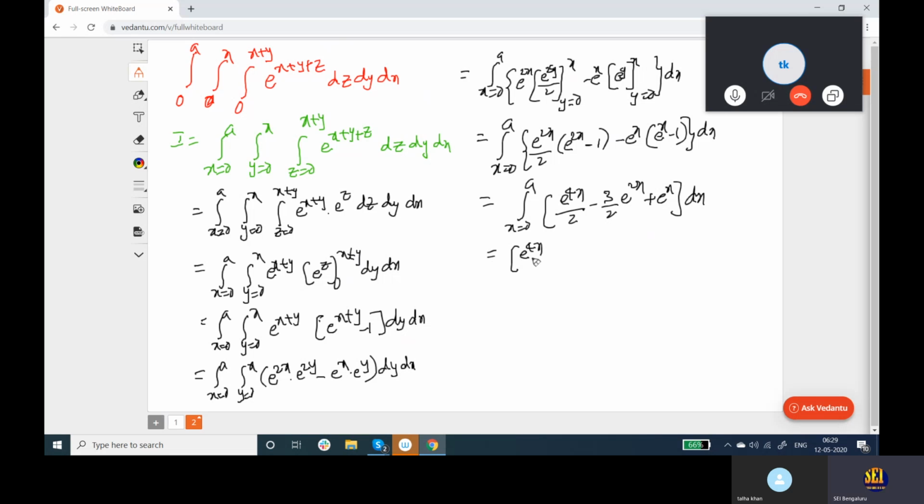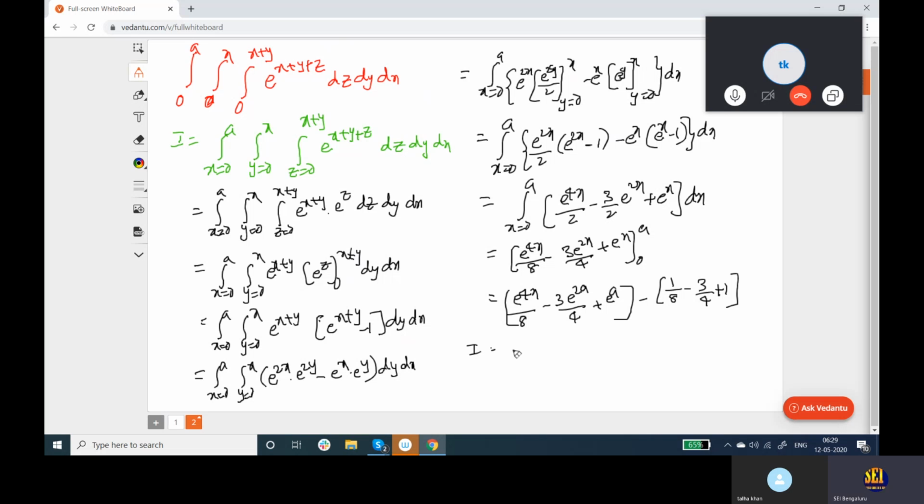So e power 4x by 8 minus 3 e power 2x by 4 plus e power x from 0 to a, that is equal to e power 4a by 8 minus 3 e power 2a by 4 plus e power a, minus 1 by 8 minus 3 by 4 plus 1.